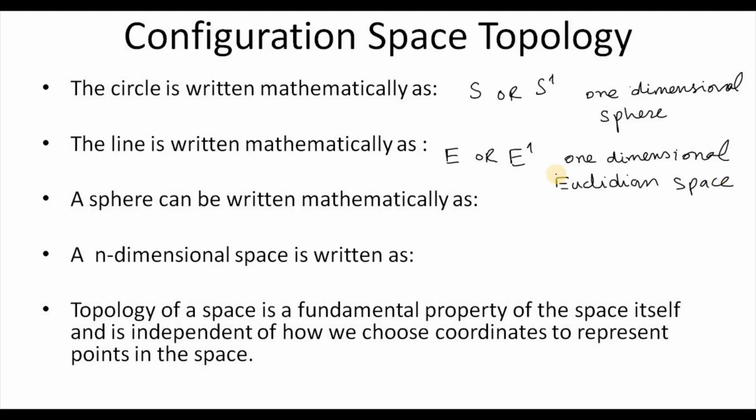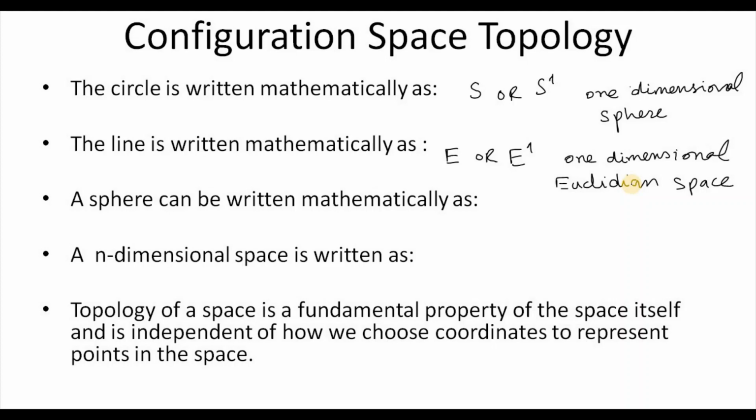A point in E is usually represented by a real number, so in the Euclidean space we use real numbers.